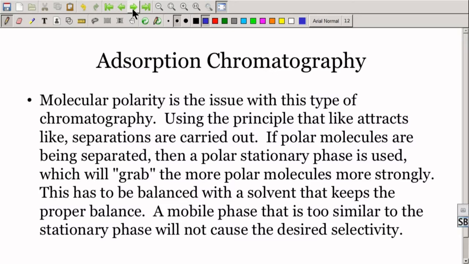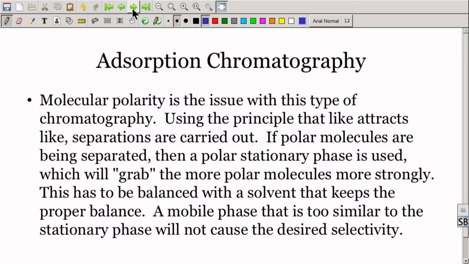And what are the three intermolecular forces that you're looking at? Yeah, okay, you have dispersion forces. Actually, dipole-dipole is also considered a van der Waals force. But so the van der Waals forces, which are the weaker of the two, are first dispersion and second dipole-dipole interactions. And that's essentially what you're taking advantage of when you look at adsorption chromatography.